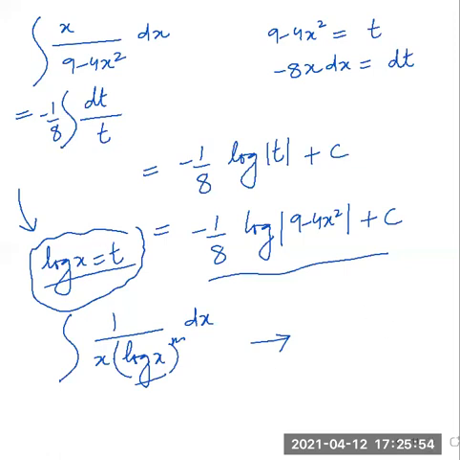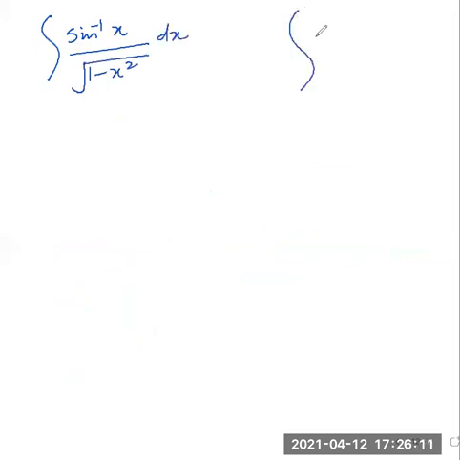Let me try to do one more and then I'll leave it to you. How will you do this? Integral of sine inverse x divided by root of 1 minus x square. Gurjot, you could easily do this sum if you know the derivatives of sine inverse x, tan inverse x and all the inverse functions.